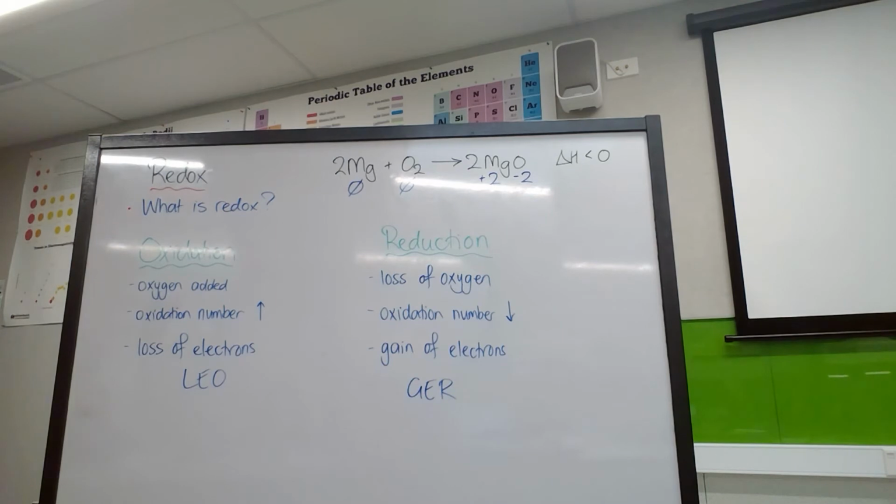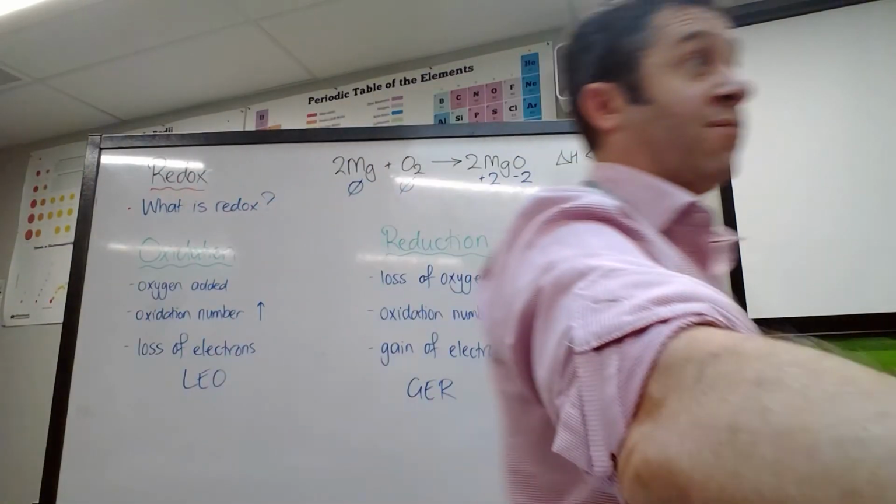Now, the only ones that we can use to know that it's definitely redox are the second and the third ones. These do not always happen. We've now found that a lot of oxidation reduction reactions occur without oxygen at all. But because the terminology and everything was created when it only involved oxygen, we've kept it being called oxidation and reduction rather than coming up with new words for everything.